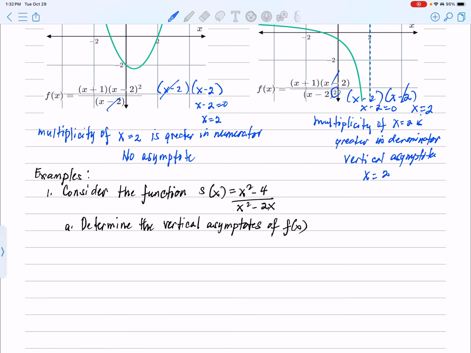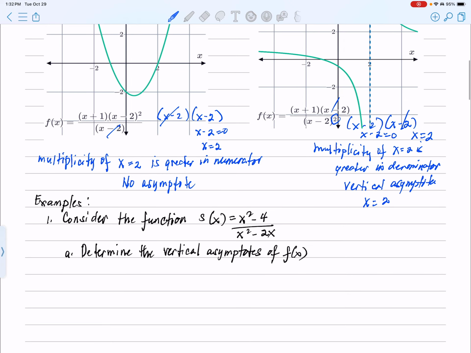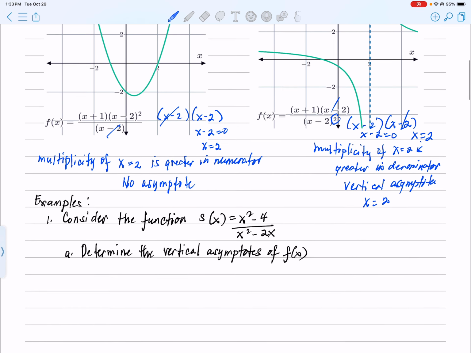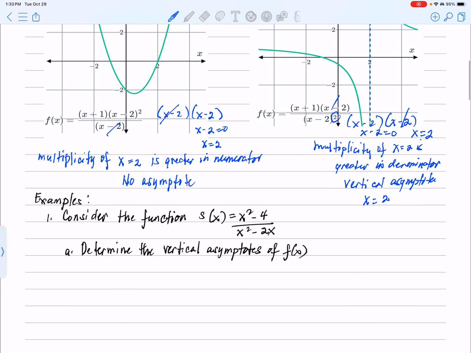We can describe the behavior of the function around the vertical asymptote by looking at how the function changes as it approaches the asymptote from left to right. In other words, we can write this using limit notation.